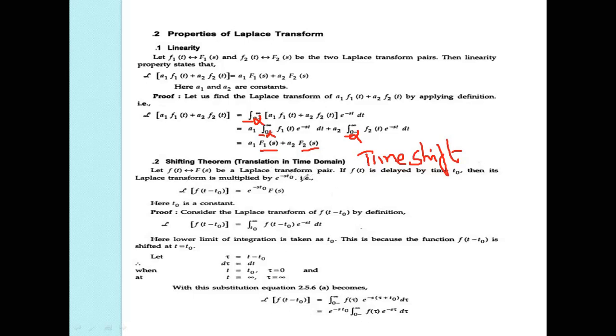That is, the Laplace transformation of f of t minus t naught is equal to e power minus s t naught into f of s. Okay, I will explain here itself.